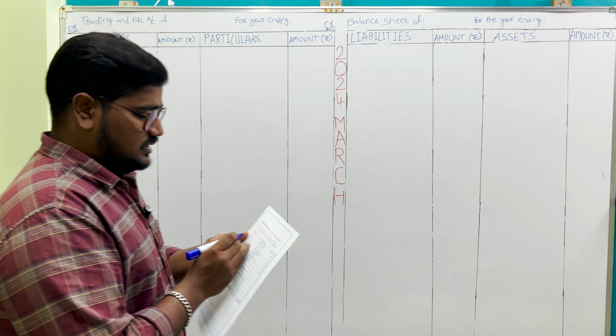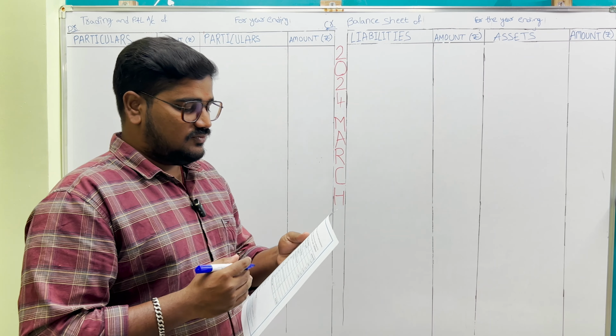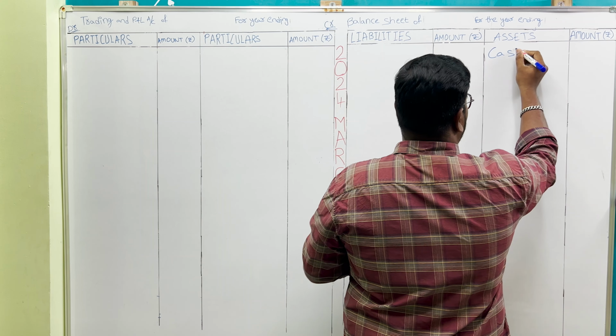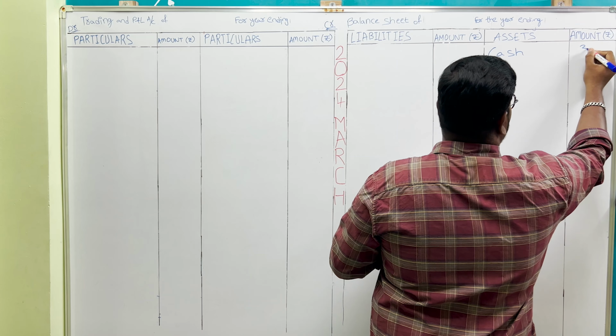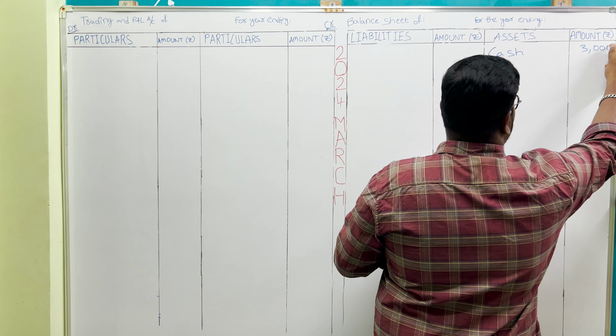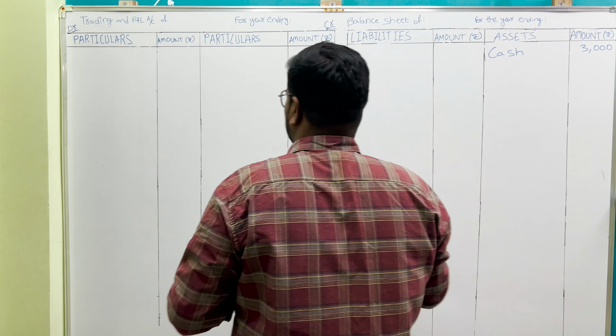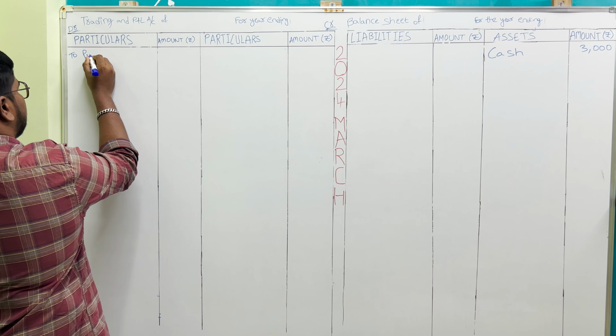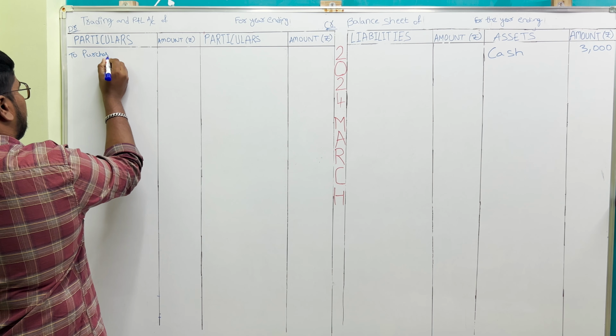Chalo, let's start. Debit side items of trial balance: cash. Cash is an asset, as we know. Cash 3000. Second, purchases. We have an adjustment.